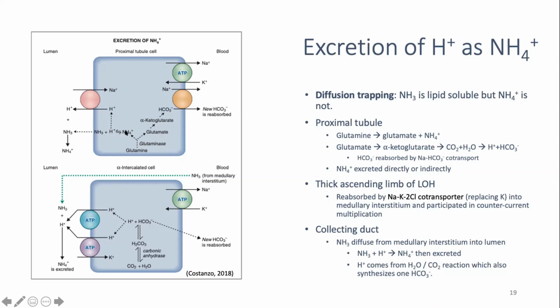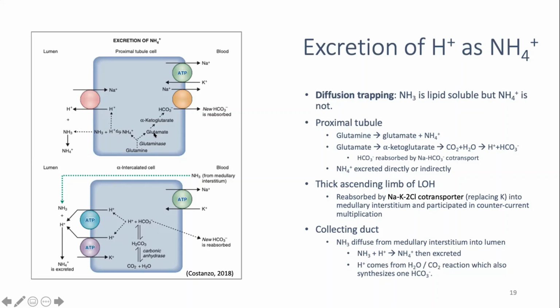Because the ammonium cannot cross the plasma membrane, it will be converted into ammonia and H+. The ammonia can easily diffuse out, and the H+, of course, needs the protein carrier. Once both are out, they combine again to form ammonium in the tubular fluid.